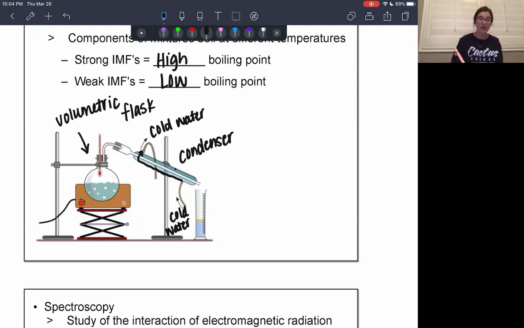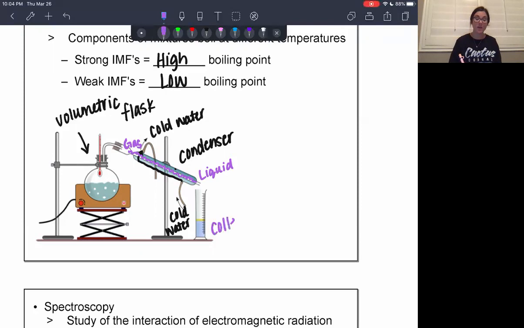The gas molecules that are going through the condenser, which I'm going to show in purple, are getting colder and colder. Once they went into the condenser they started as a gas, but by the time they come out, they're going to be in the liquid phase because they've lost so much energy from being in the presence of that cold water. That liquid gets collected right here.